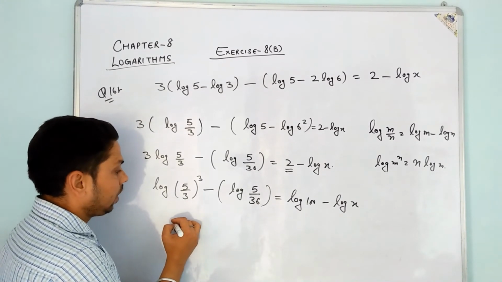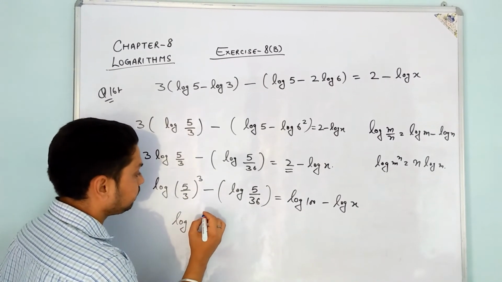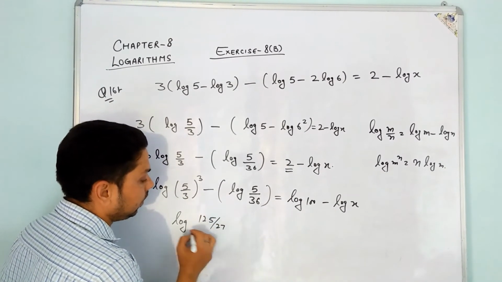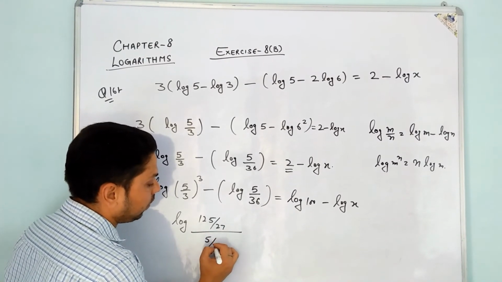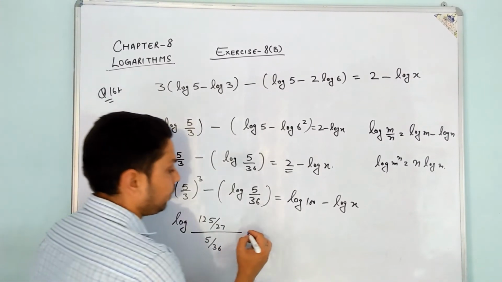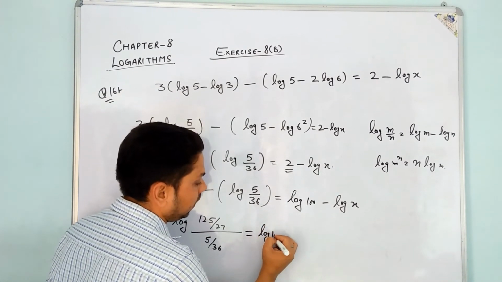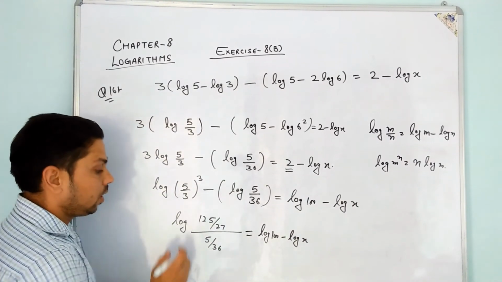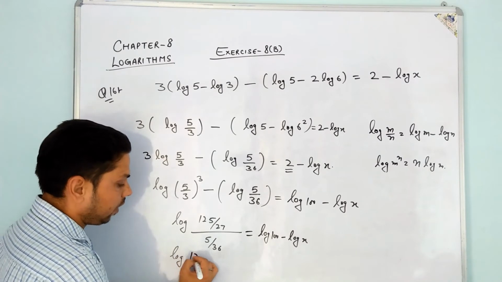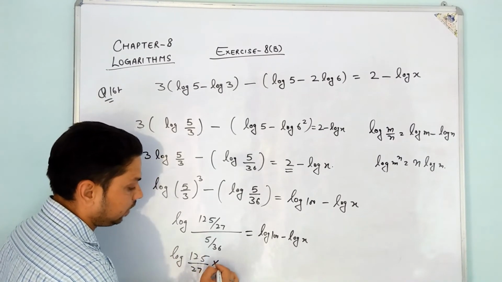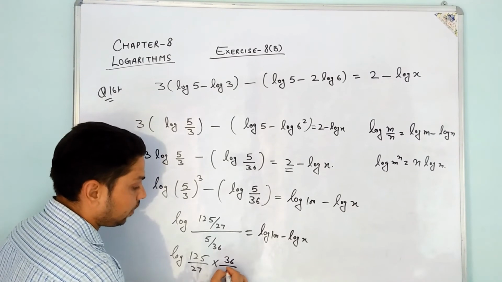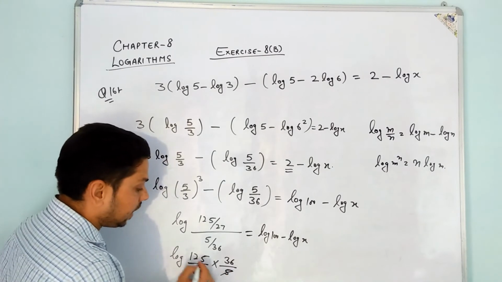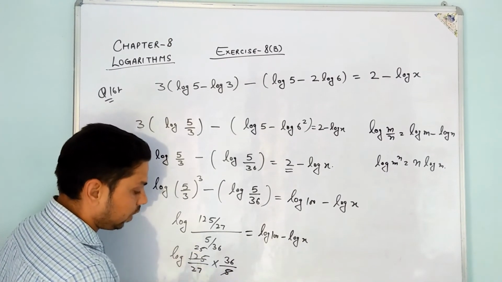This is equal to log of 125 upon 27 whole divided by 5 over 36. This is equal to log of 100 minus log of x here. Now invert this term. This will give you 125 upon 27 multiplied by 36 upon 5. Now cancel the term that you can cancel.